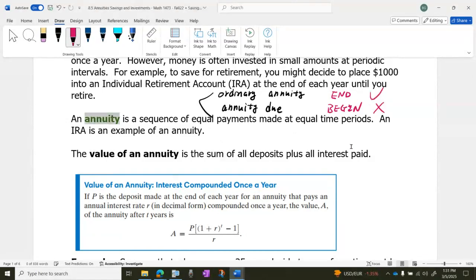We only cover ordinary annuity. So when we see annuity in this section, that is default as ordinary annuity. That means the investor deposits the payment at the end of each time period. Is that clear, everybody? It's just a way to invest money, and pretty comfortable, right? Most people can do it.